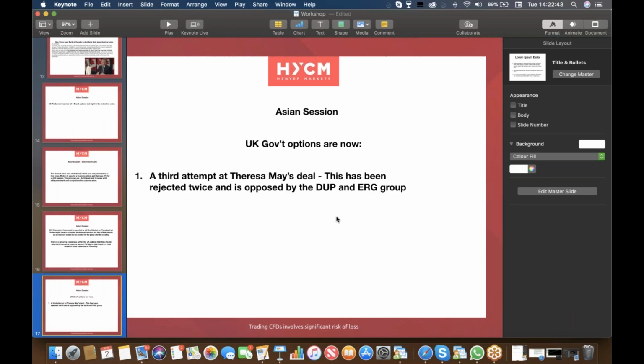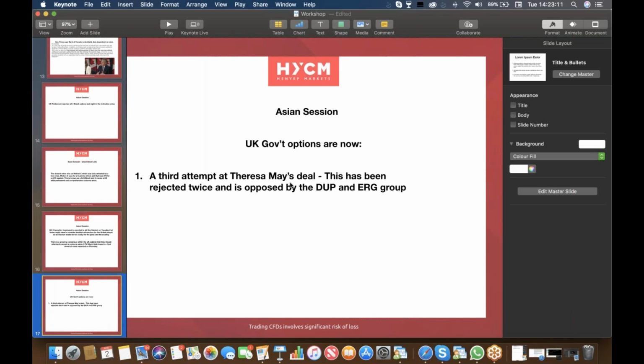Now, these are the options that the UK government now has. They can have a third attempt at getting Theresa May's deal through. Theresa May's deal has been rejected twice now. It's opposed by the DUP, which is a small part of the Conservative coalition, based in Northern Ireland.